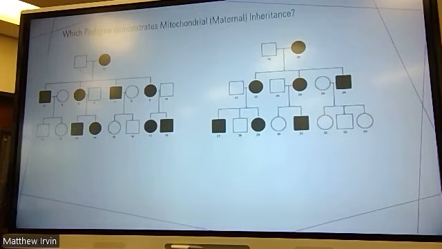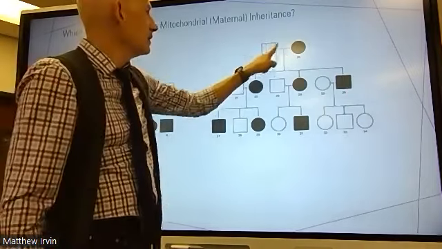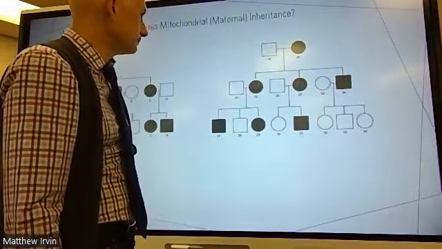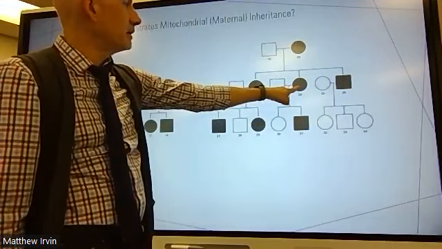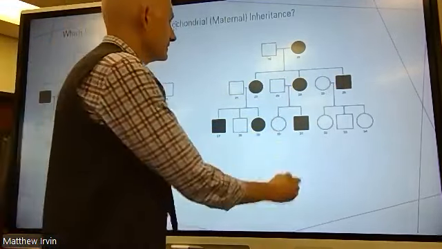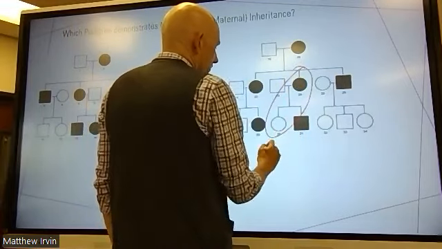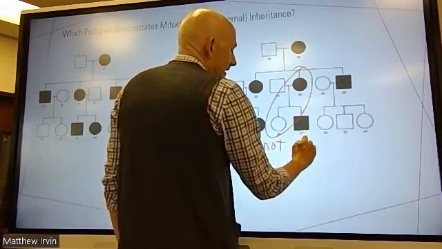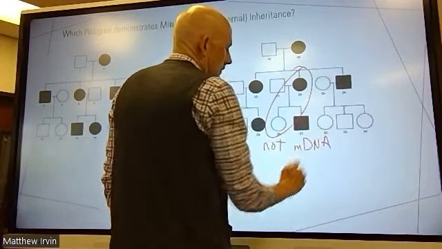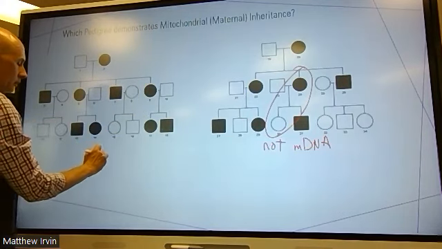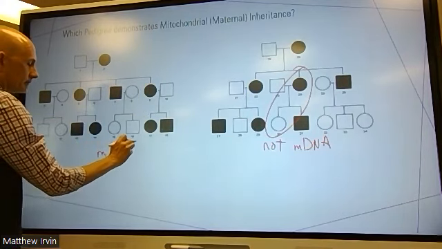And we see over here, again, mother passing it to all of her kids. But when we look at this right here, this mother has it, but she did not pass it to her daughter. So this right here shows that it's not mDNA or mitochondrial DNA, and this one would be mitochondrial inheritance over here.